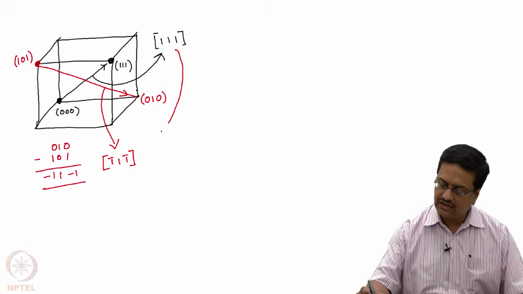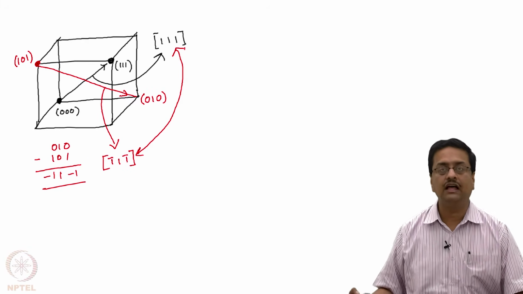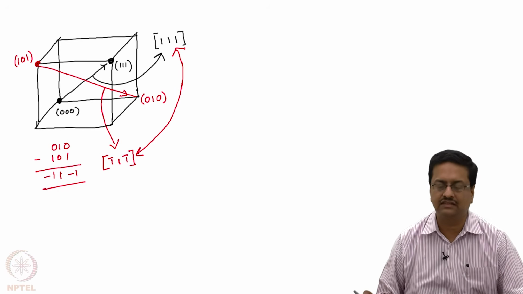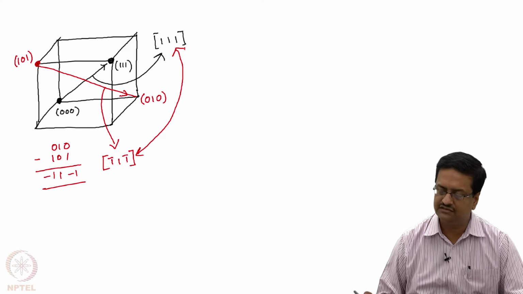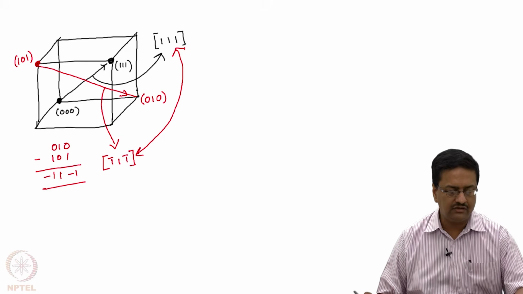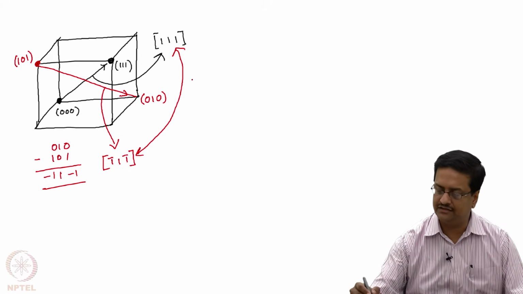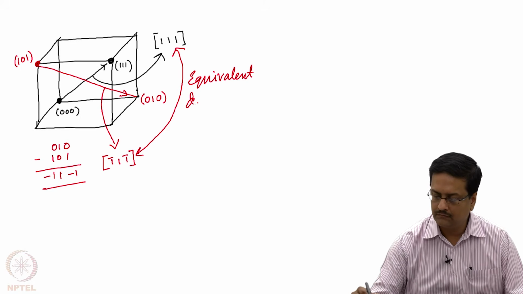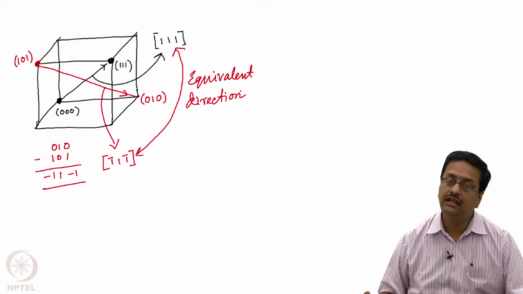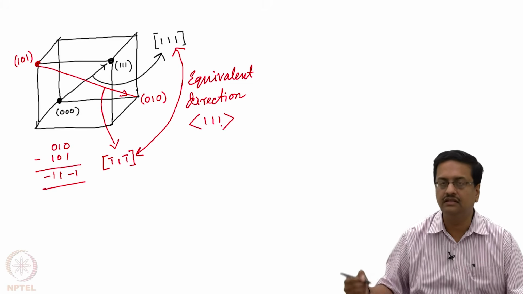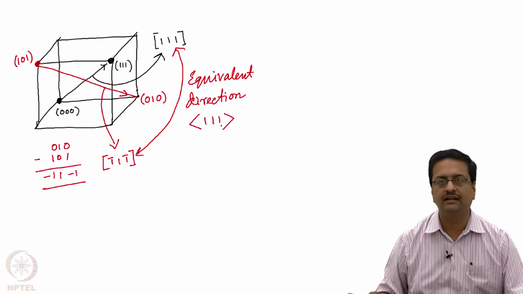Now you compare these two directions. They have the same indices 1, 1 and 1 with a different sign, minus in two cases, and they are body diagonals. So these body diagonals are equivalent directions, and they can be represented as <1 1 1> within this greater than and less than sign.